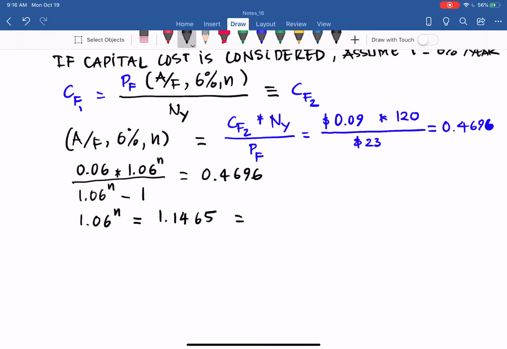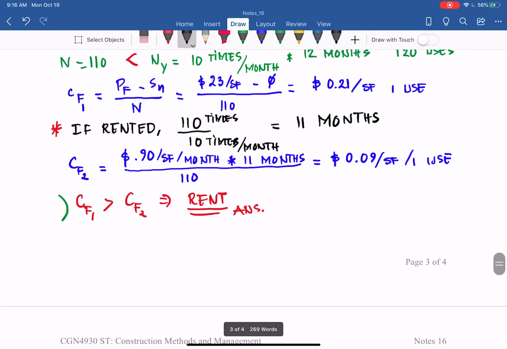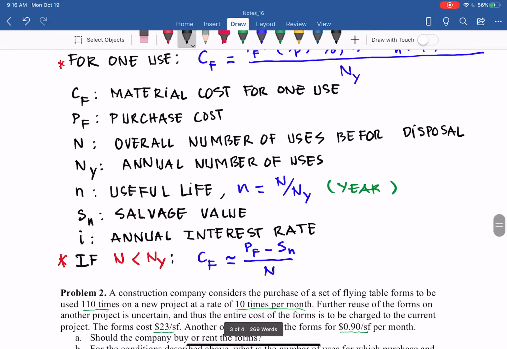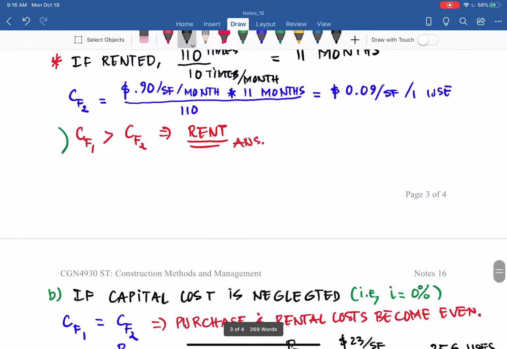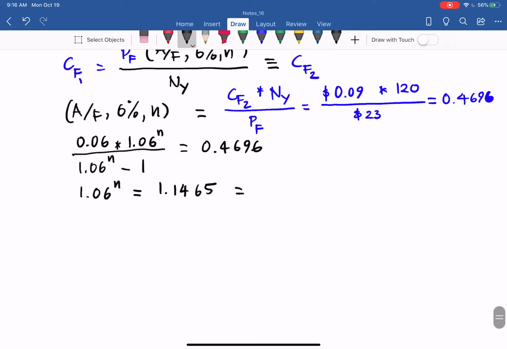And as you can see, n small equals n over NY. The question asks for n, and NY is 120. So we plug that in, 1.06 power n over 120 from the equation there.